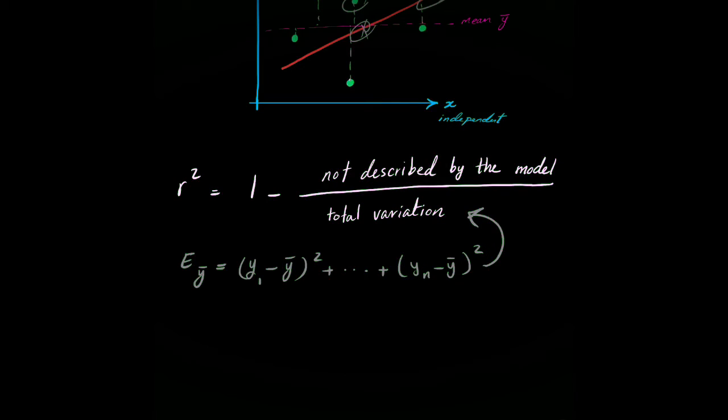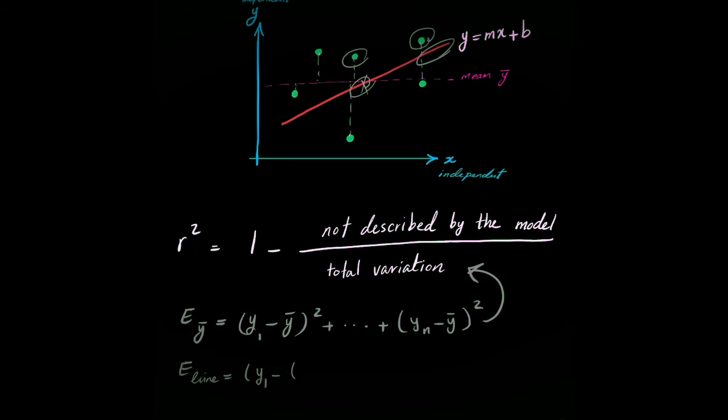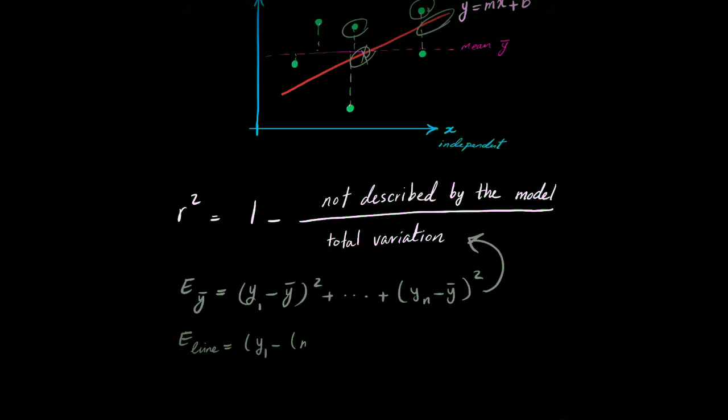So the error of the line is equal to the first data point minus our line, which is modeled by mx plus b, so it would be (y1 - (mx1 + b)) squared, and we keep doing it for all the data points. And we square them up, sum them up.